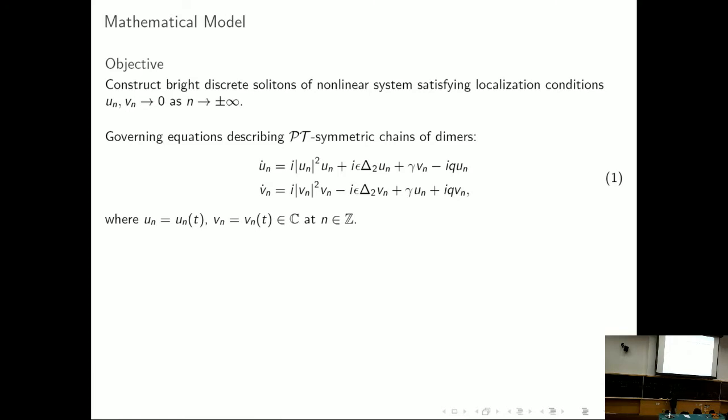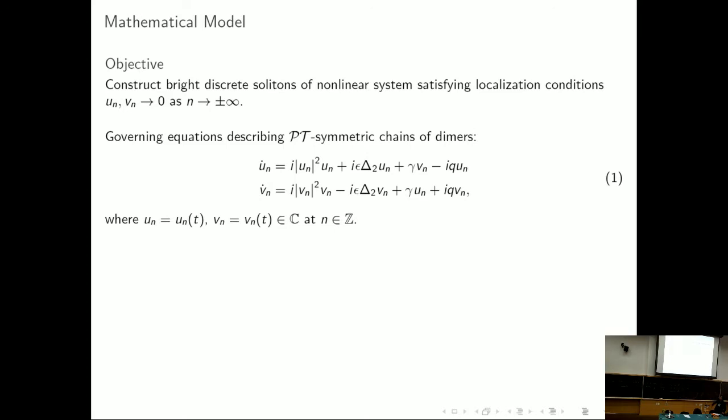So this has been done also by Boris Malomet with Alon Bahabat and Dana in 2015, and this one is called the continuum limit. Yeah, so what we work on is in between these two.